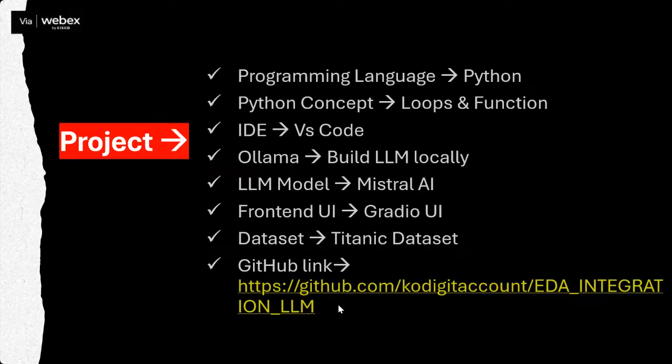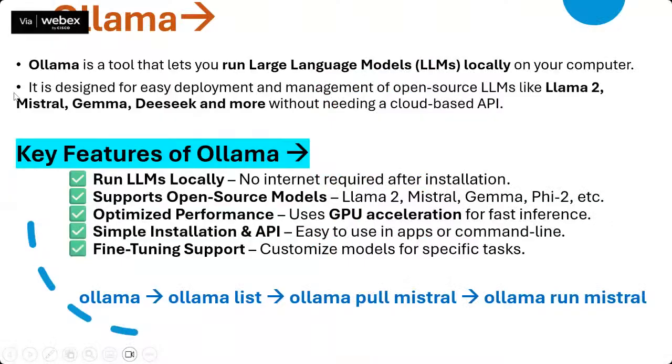Now, first thing first, Ollama. With Ollama, we can use a large language model locally on your computer. No need to fetch any API key. Without fetching any API key, we call Ollama.